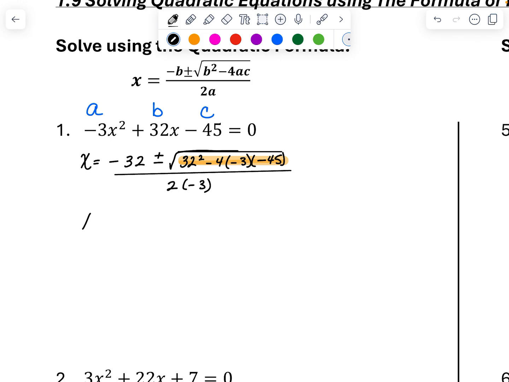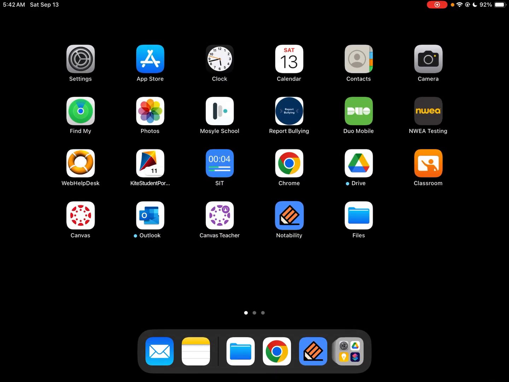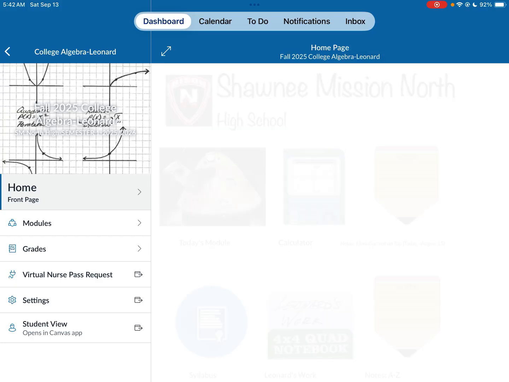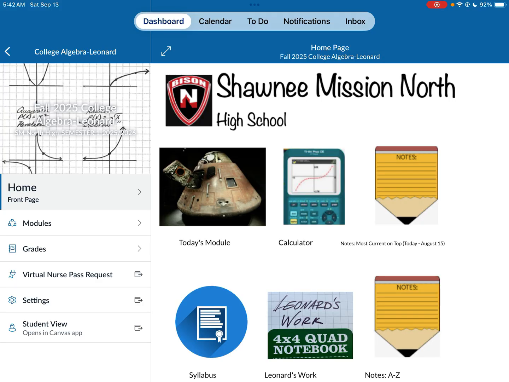And when you put it in your calculator, you get x equals negative 32 plus and minus the square root of something over negative 6.